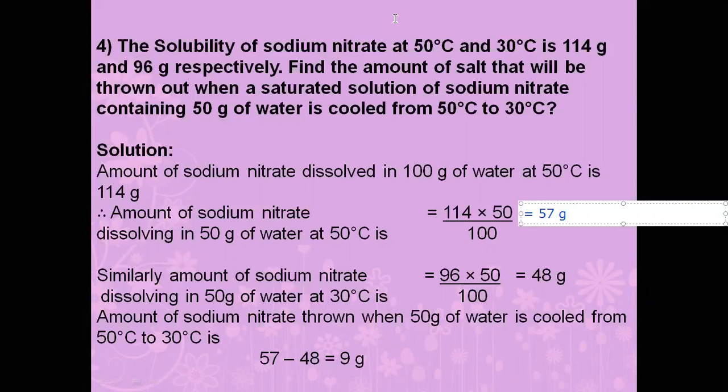Mass percentage equals mass of the solute divided by mass of the solution into 100. The mass of the solution is the mass of the solute plus the mass of the solvent. Okay, we already know the formula, so we are using the formula to solve the problem.